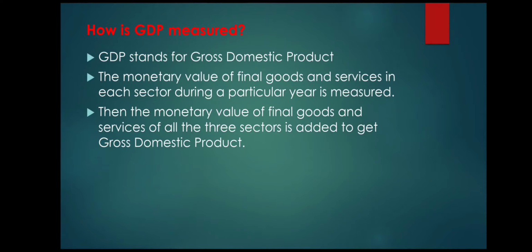Monetary value here means value in terms of money. So the monetary value of all goods and services of each sector is measured first for a particular year, and then the values of all the three sectors are added, and once that is done, we get gross domestic product.